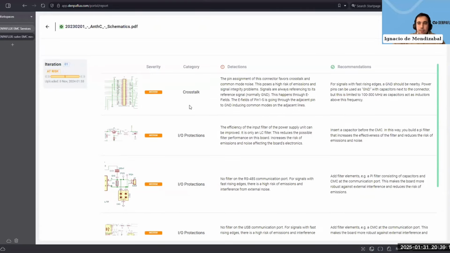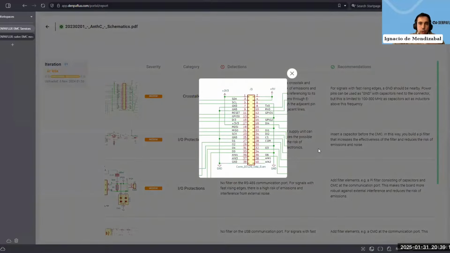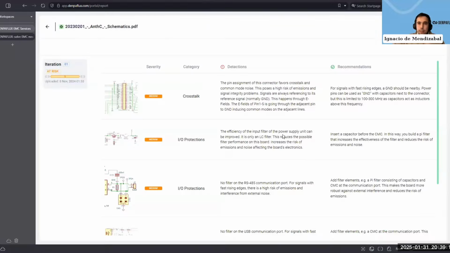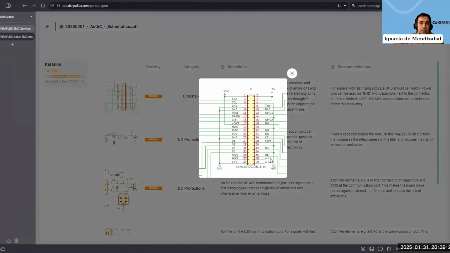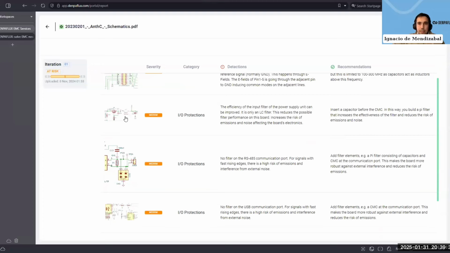Here, for example, we have an EMC review of a schematic. We talk about connectors, how you need to protect them, and how you need to assign the pinning, because it can provoke EMC problems due to the grounding. We check filters, input protections, and polarity reversals to be sure that your system is prepared for industrial environments.